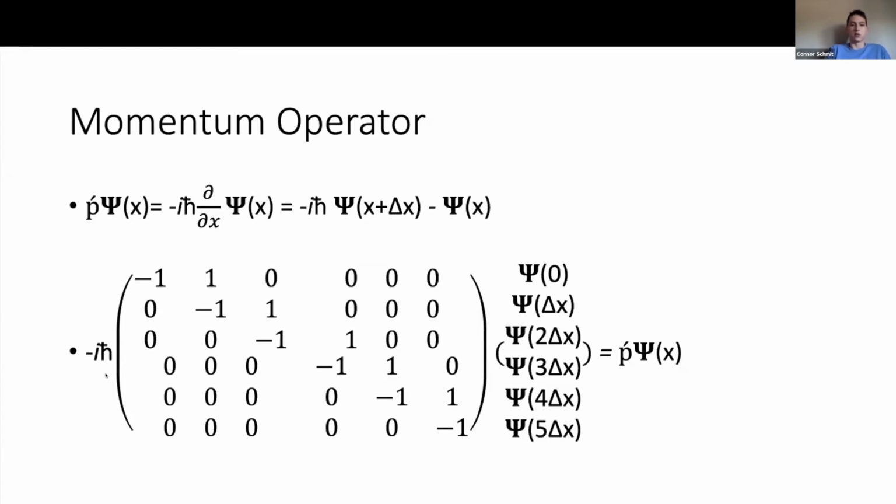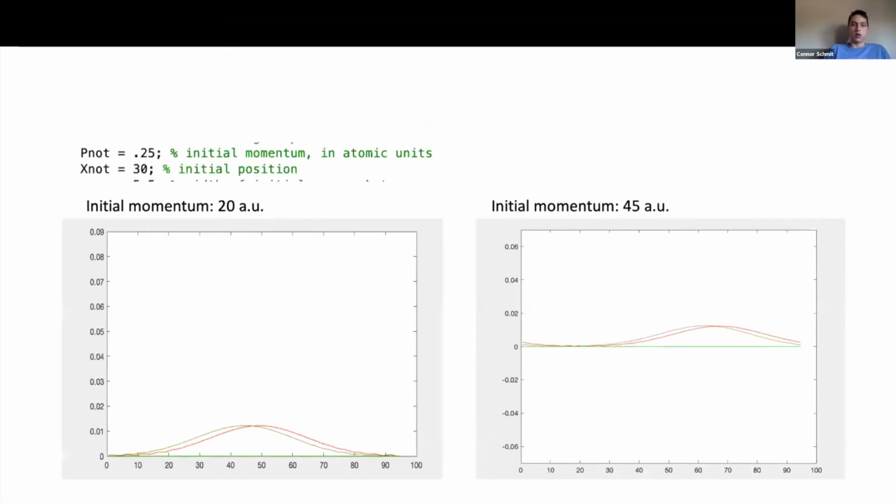And I also apologize for the matrix. I couldn't get it to work out cleanly on PowerPoint. As far as the code goes, in line 5 you have P naught, which is initially set to 0.25, and that's the initial momentum in atomic units. I didn't have the animated plot, but initially they all start at a peak of 30, at x is 30, which makes sense, the initial position.